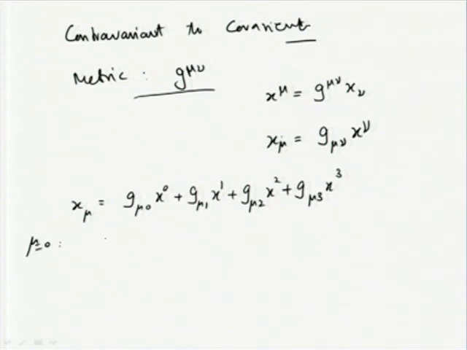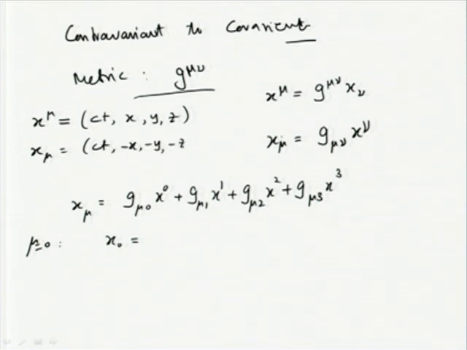We know x mu for us is equal to c t, x, y, z, and x covariant is equal to c t, minus x, minus y, minus z.